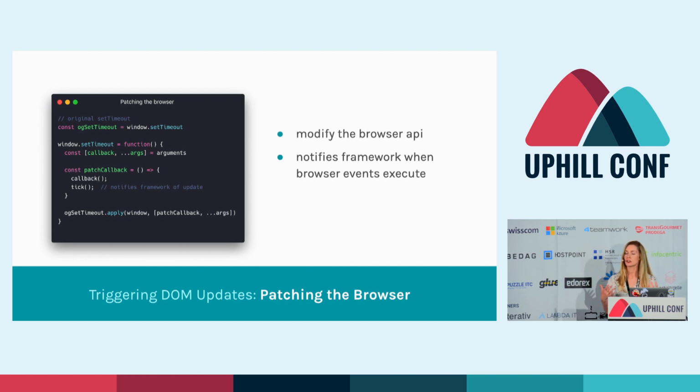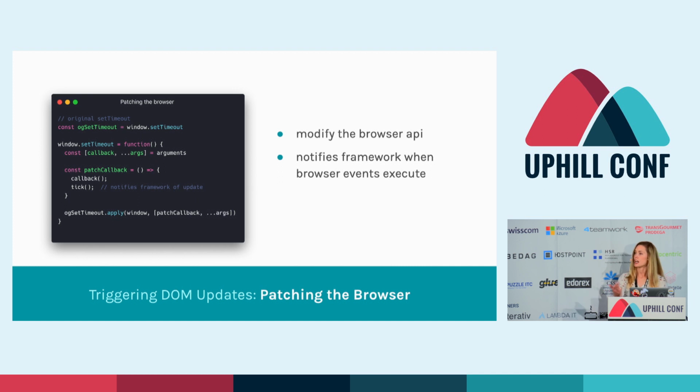So when a developer calls the setTimeout function, I'm going to take the callback that they passed in, and I'm going to patch that because I want to notify my framework after the callback is executed. And if I were to not patch this callback, then I could potentially notify my framework before the callback ever runs. So after I patch the callback, I call the original setTimeout with those arguments and my patched callback.